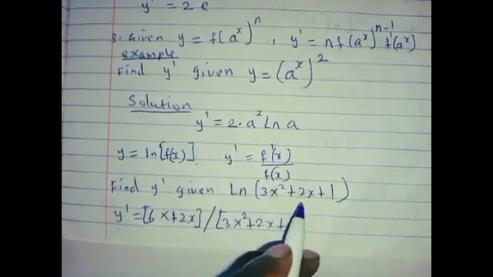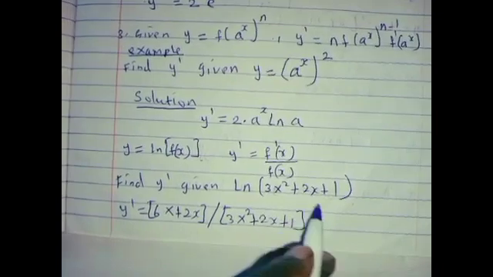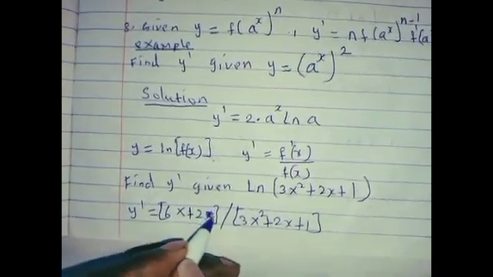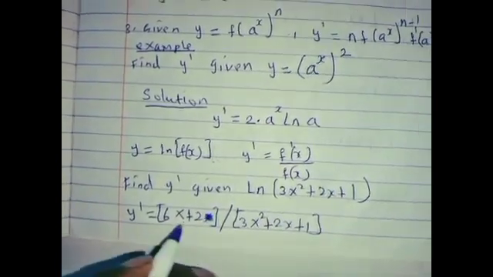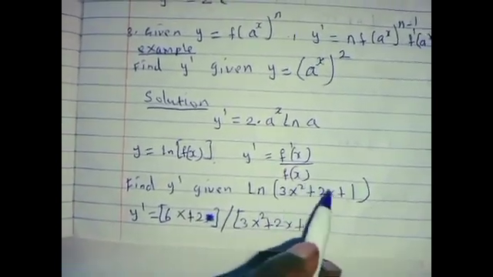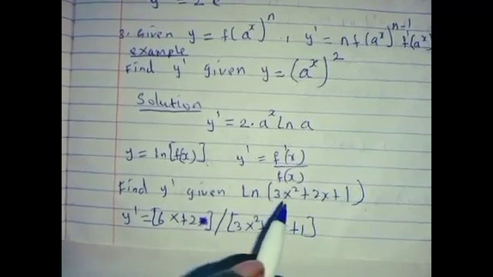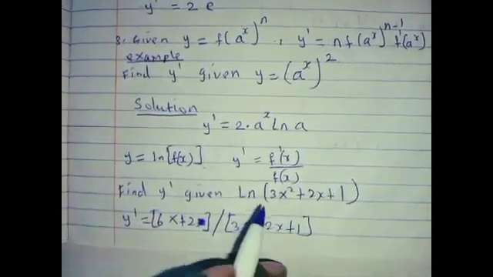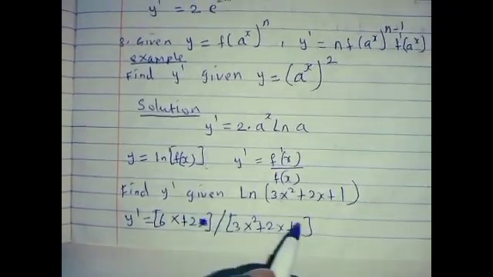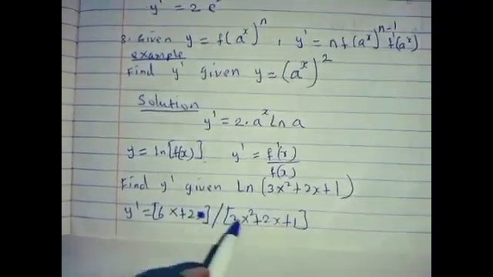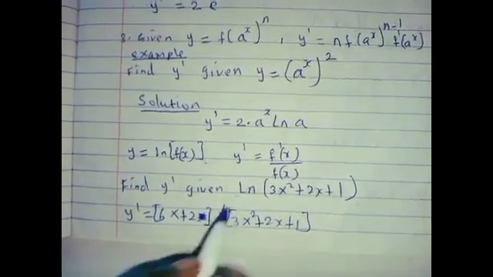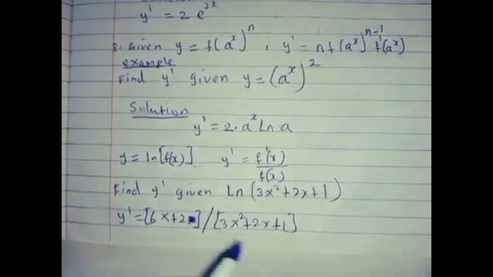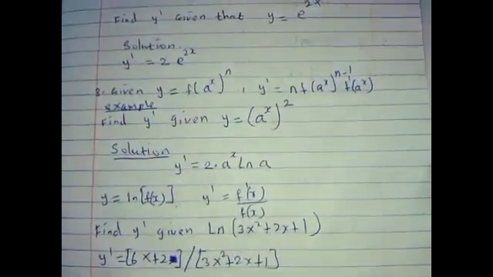Then 2x differentiated gives 2, so this is 2, not 2x. Then we divide by this function, so the answer is 6x plus 2, because 1 differentiated is 0, divided by 3x squared plus 2x plus 1. So that is the result.